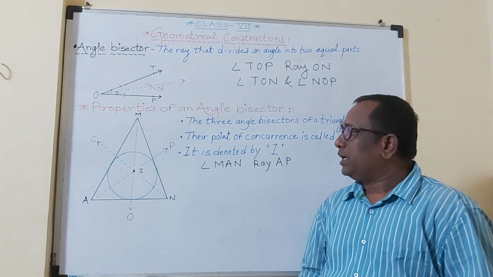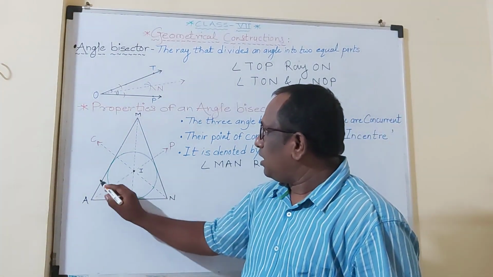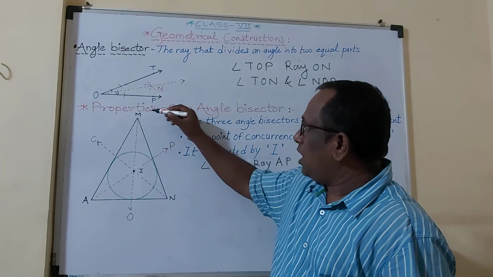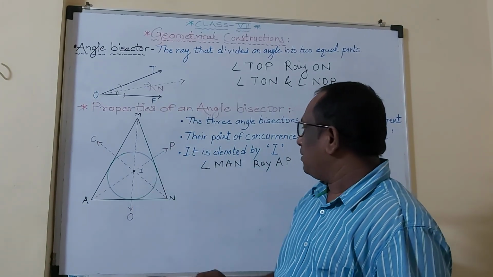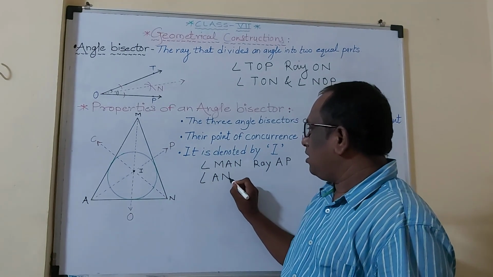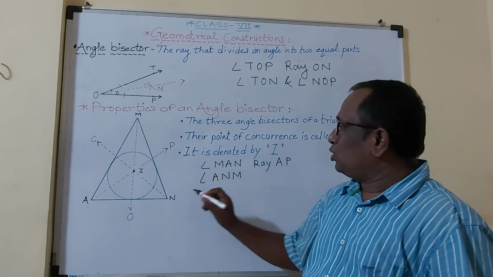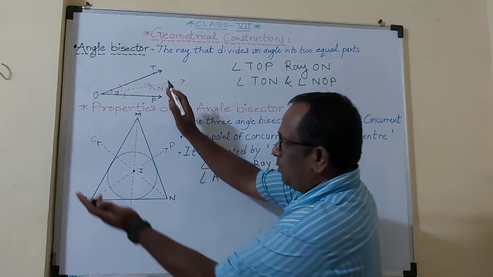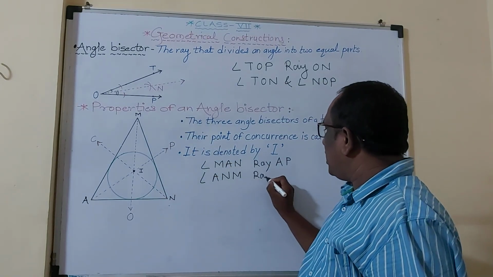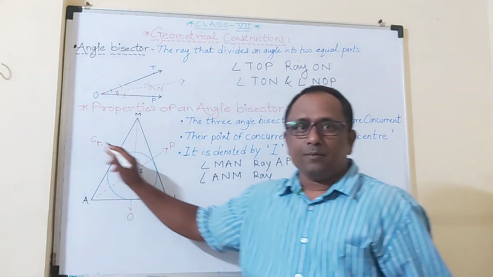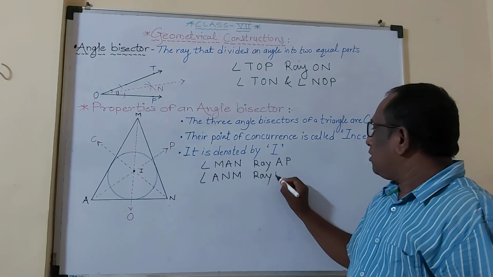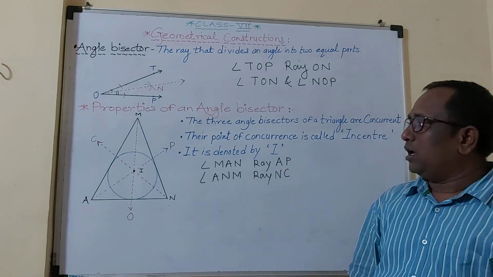Now we will move to the next angle, that is angle ANM or MNA. So ANM means this angle. If you see here, then also here ray NC. In this figure, ray NC is the angle bisector.